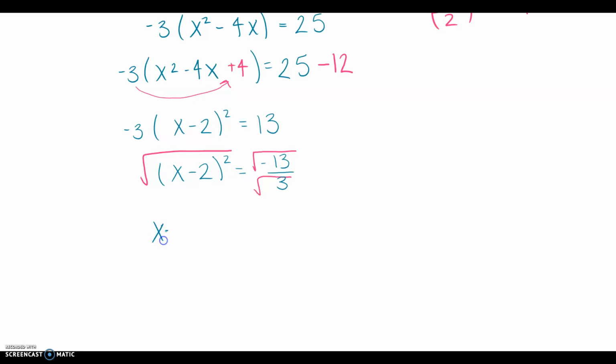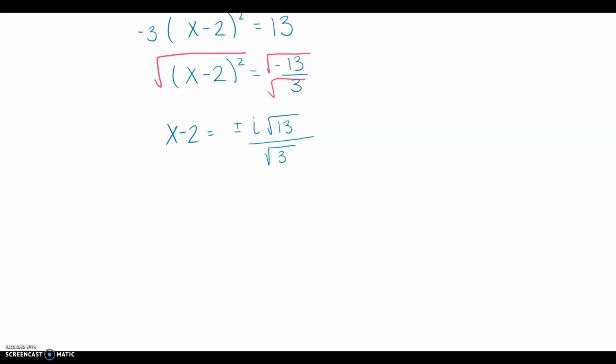So we get x minus 2 equals plus or minus, the square root of negative 1 is going to be i, and then we have root 13 over the square root of 3, which technically in this problem I guess is a little bit harder than what I might give you. But our denominator is not real, so we should rationalize it, if you remember that from Algebra 1. So similar to when the denominator is i, we multiply by root 3 over root 3 to get rid of that radical.